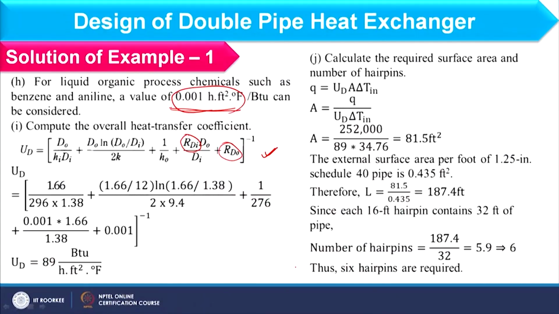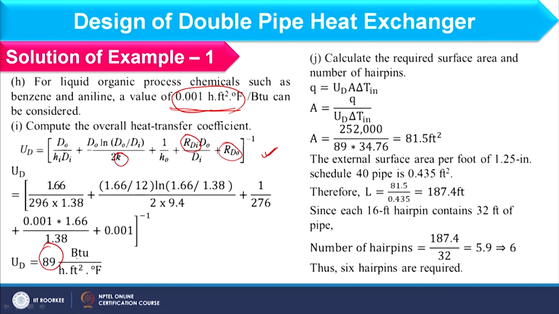So, considering D_i, D_o, h_i, h_o and the thermal conductivity of the material, which is already given in the problem, we can find the overall heat transfer coefficient at dirt condition as 89 BTU per hour ft² °F.